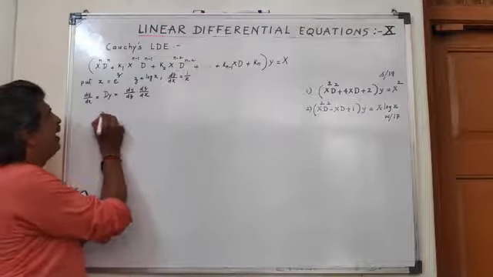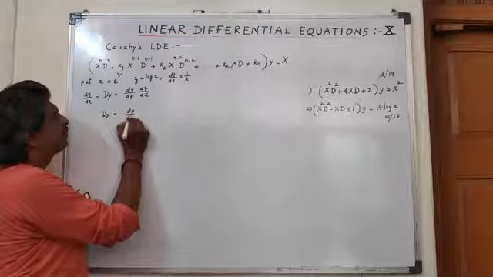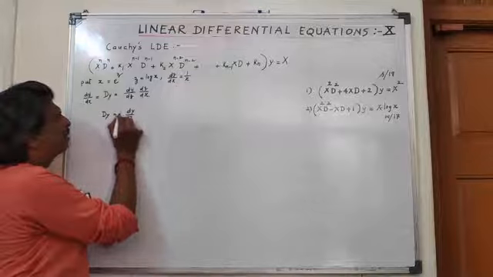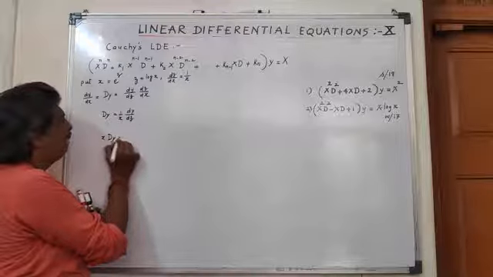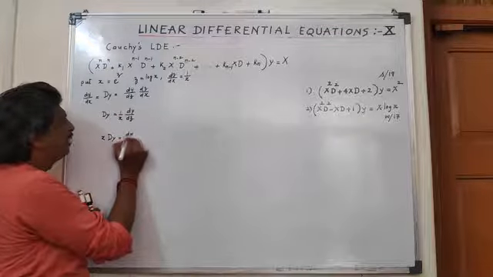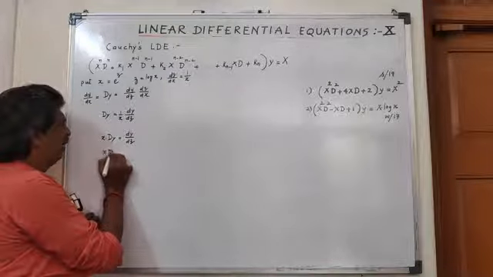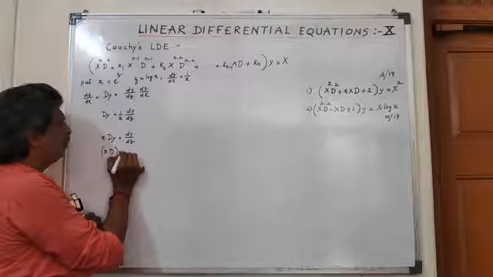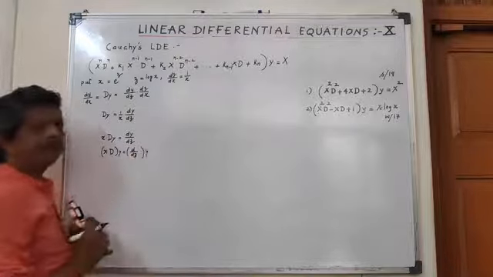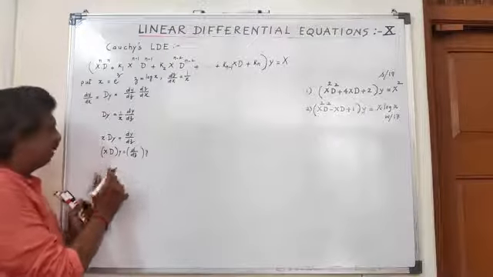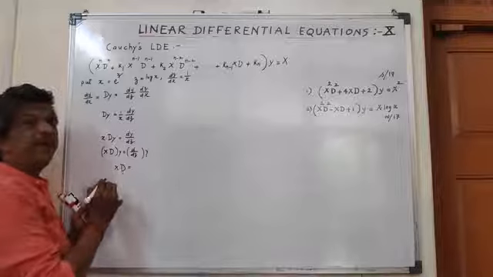So Dy is also equal to dy by dz into dz by dx, and dz by dx is 1 by x. If we multiply this equation by x, x times Dy is equal to dy by dz. So x times capital D, this operator operating on y, is equal to d by dz operating on y. This is true for every y, so xD is equal to d by dz.